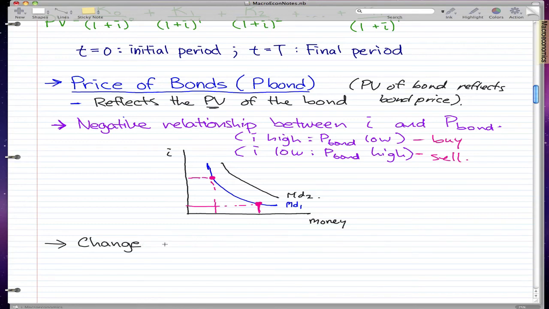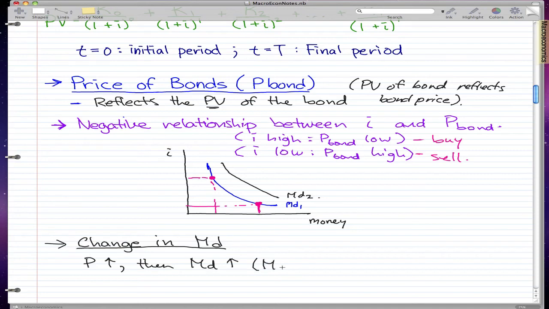So the change in money demand. Pretty much what you need to know here is just when price rises, then money demand rises.